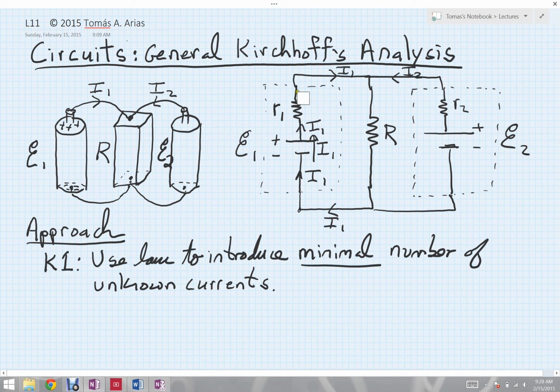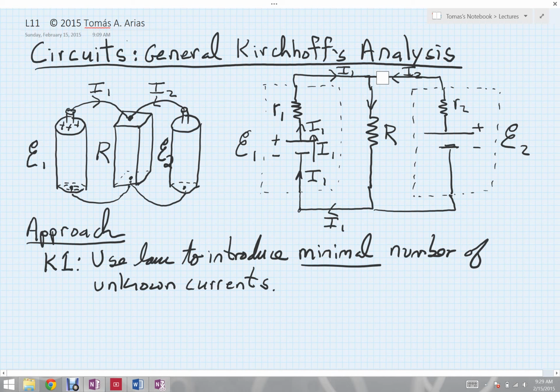So far, with just this one unknown I1, I'm able to specify all of the currents around this section of the circuit. Where I begin to run into trouble, though, is when I want to figure out how much current is flowing down through this branch, how much current flows through this resistor. I can't write that solely in terms of I1 because there's additional current that could be coming in through this branch. So at that point, I actually have a choice.